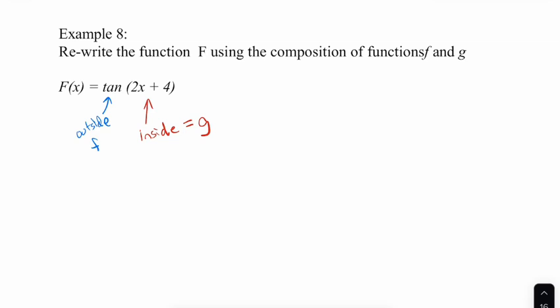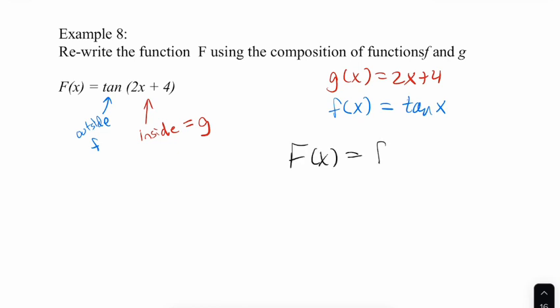Okay, now how do we write it? Well, g is the easy one. G is just exactly the inside function. F is going to be the outside function, but simplified more. So it's just going to be that tangent of x. And here's how we check. What we want is we want big F of x to be f of g.